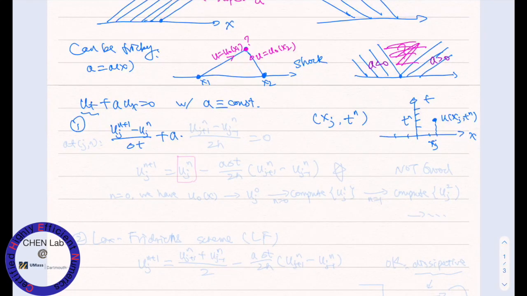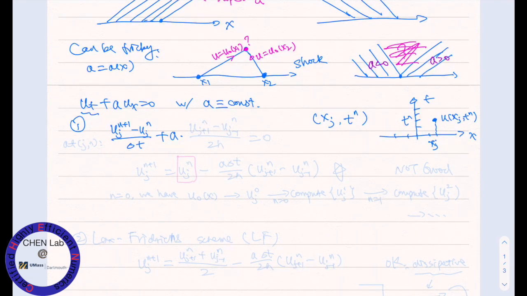When we have u_x, there are obviously quite a few choices. It can be D plus, D minus, D0. Historically, because D0 uses two points, one on each side, it is more accurate than the other two.